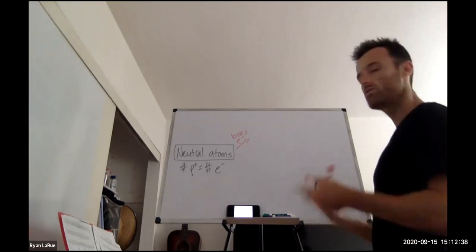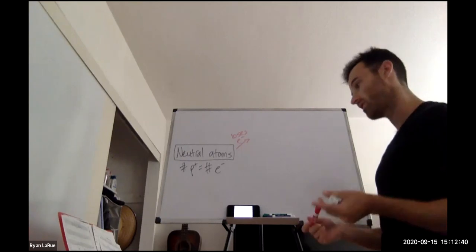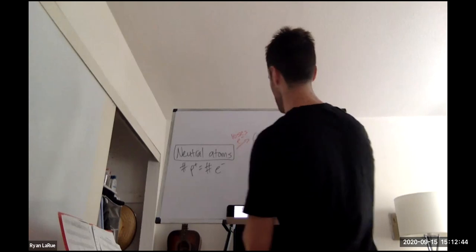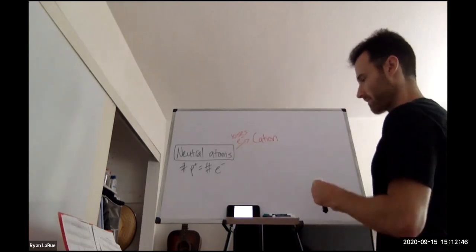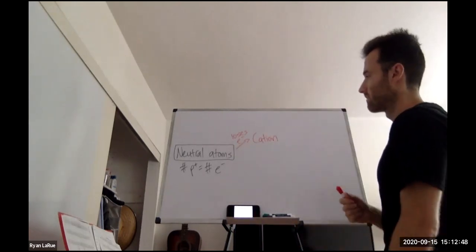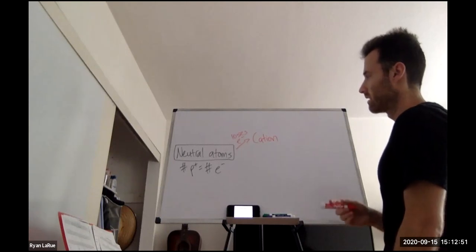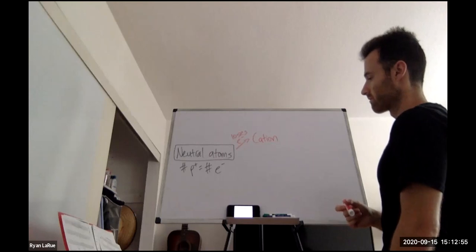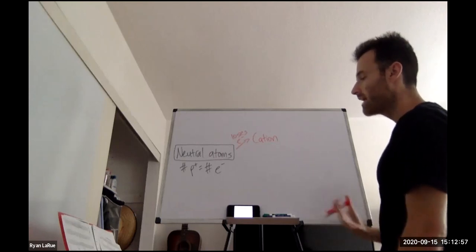And when a neutral atom loses an electron, we call it a cation. It becomes a cation.